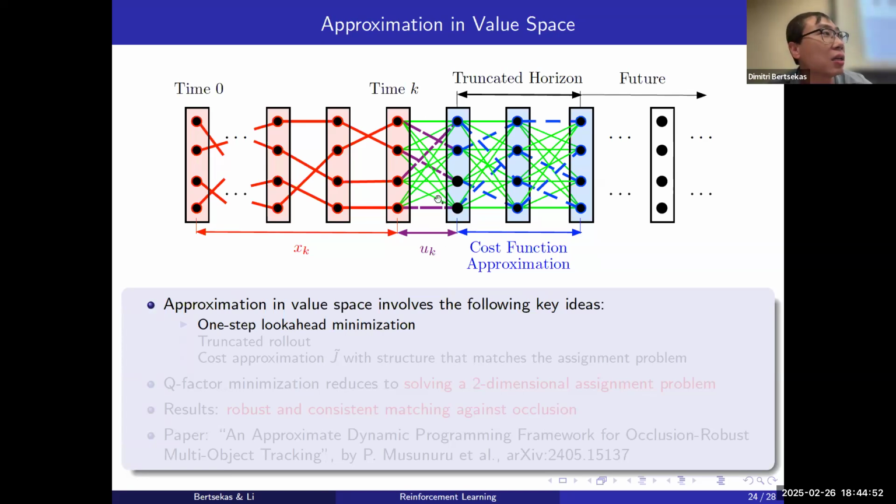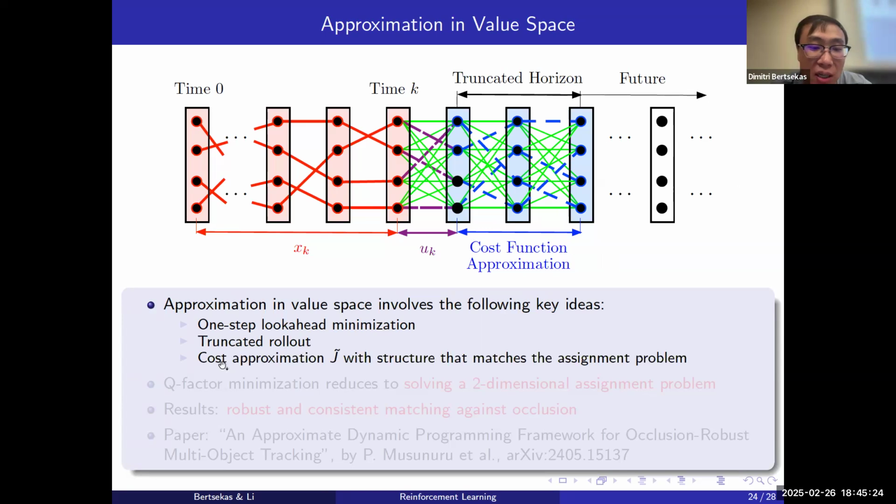Naturally, this set needs to be constructed on the fly, but in our case, it can be constructed at pretty much the same time as computing the minimization. And we run truncated rollout. Suppose that we have some rule of thumb, very simple ways that can match objects in neighboring frames. We match them together, and we match a few frames into the future.